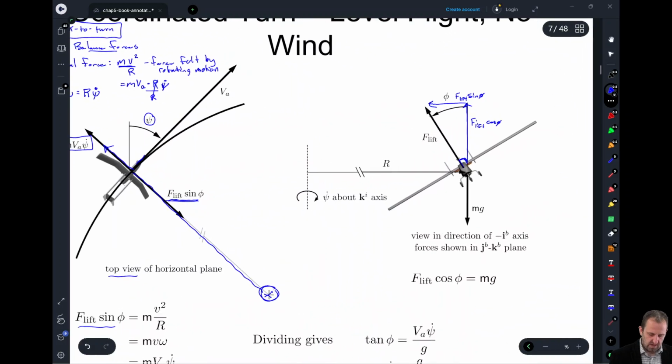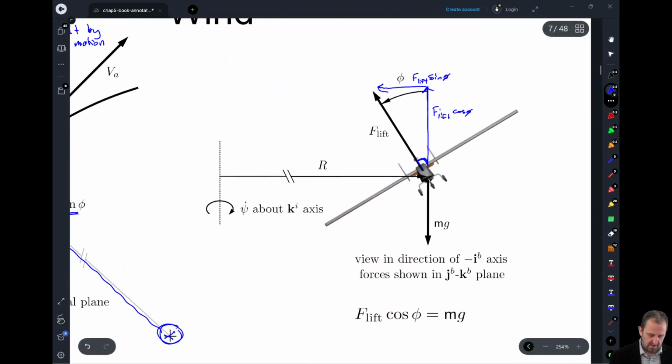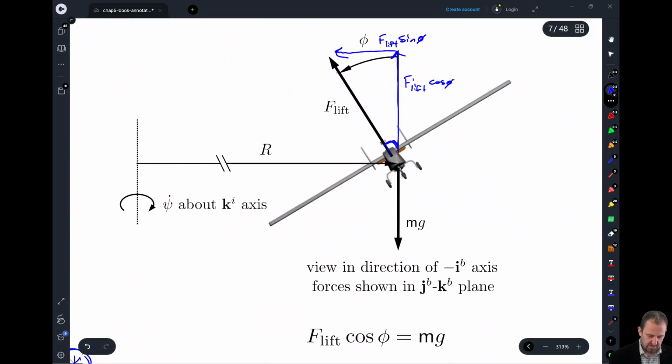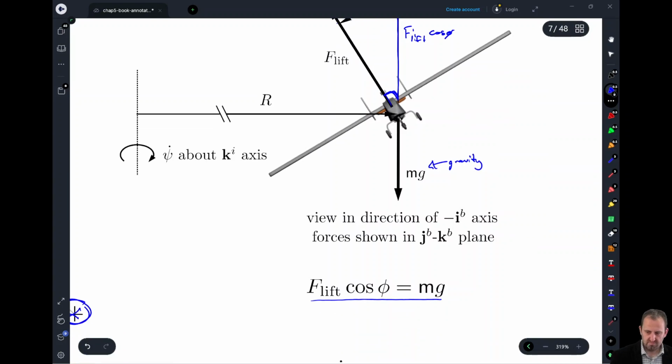Excellent. Now we also have, in this figure, we can see it really easily, our gravity force pulling us down, and we have our lift force pushing us up, but it's not our full lift force, it's F lift times the cosine of phi, right? And so we have this other equation that we want to balance.